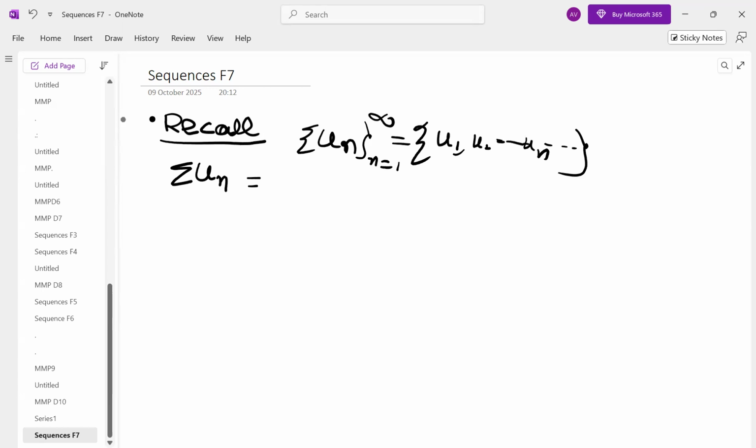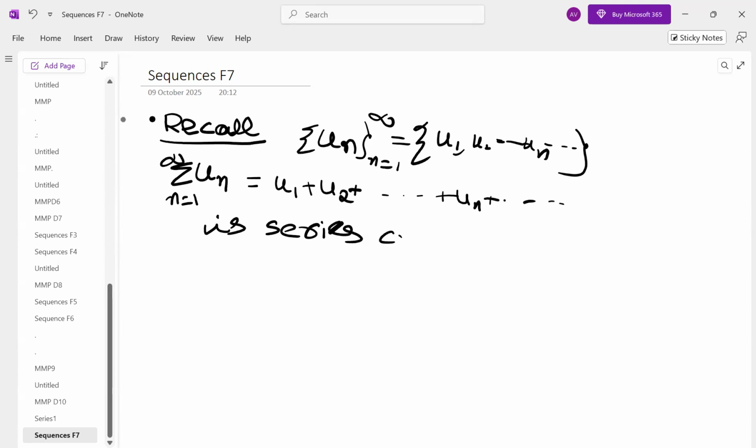Corresponding to this sequence, we can define a series, summation n equal to 1 to infinity, that is u1 plus u2 plus un, there is no end, and so on. This is called the series corresponding to the sequence un.